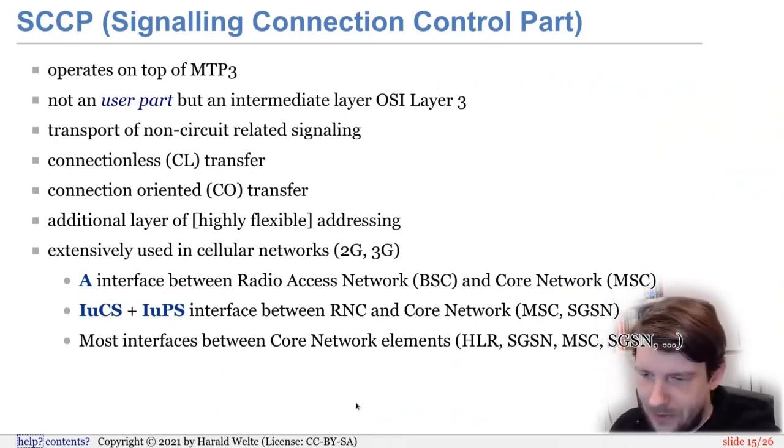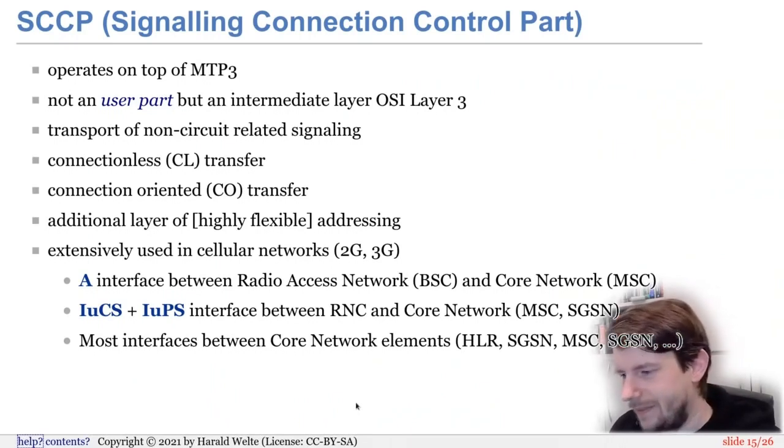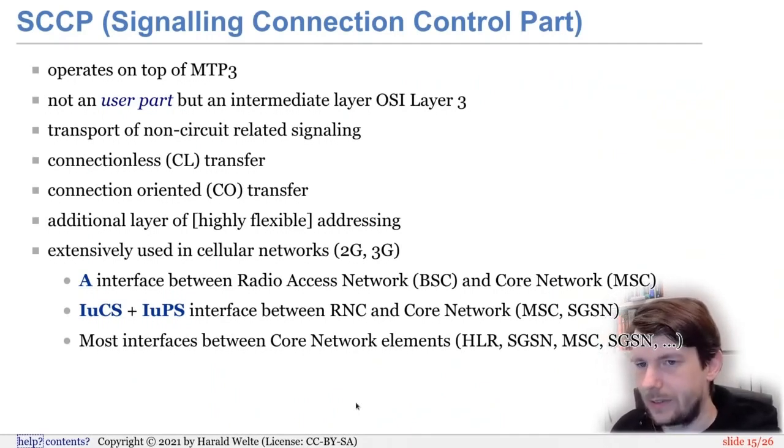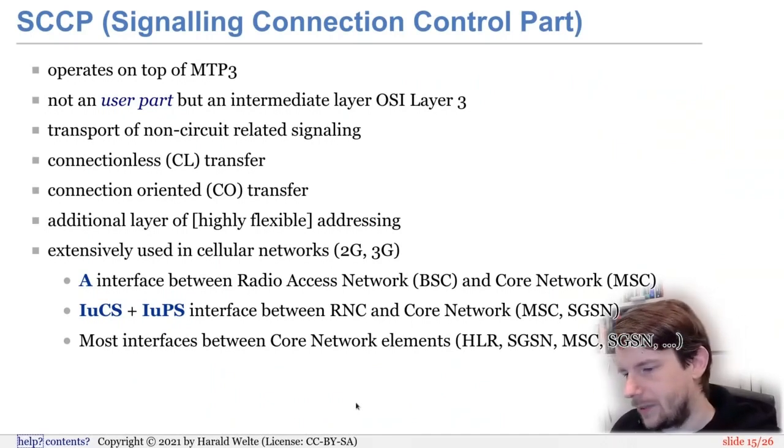SCCP, with the underlying transport protocols, were and are extensively used in cellular networks of 2G and 3G technology. Not only on the interface most people associate with it, the roaming interface between operators, but it's also used on the A interface, which is the interface between the radio access network, base station controller, and the core network. And likewise in 3G, it is used for IuCS and IuPS between the radio access network, here the RNC, and the core network.